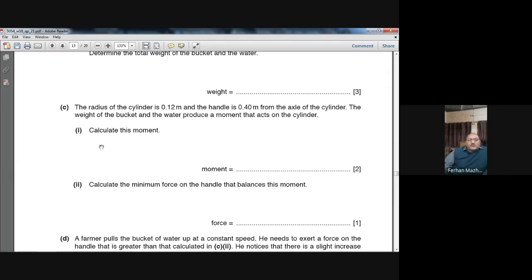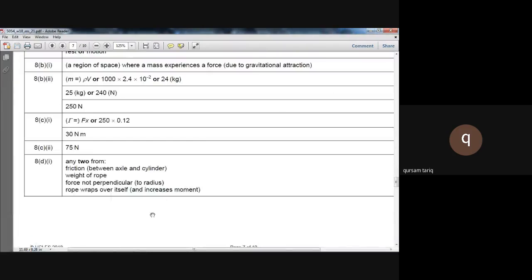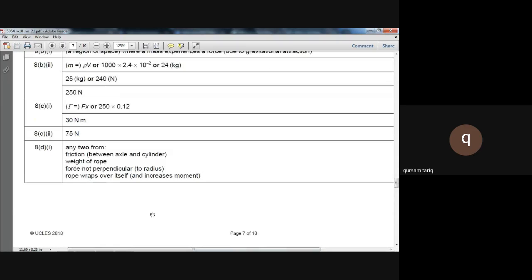Just put the values: 250 multiplied by 0.12 meter. What's the answer? Kursam, what did you say? 30 Nm. So 250 multiplied by 0.12 and the answer will be 30 Newton meter. Is this what you got? Yes, sir.